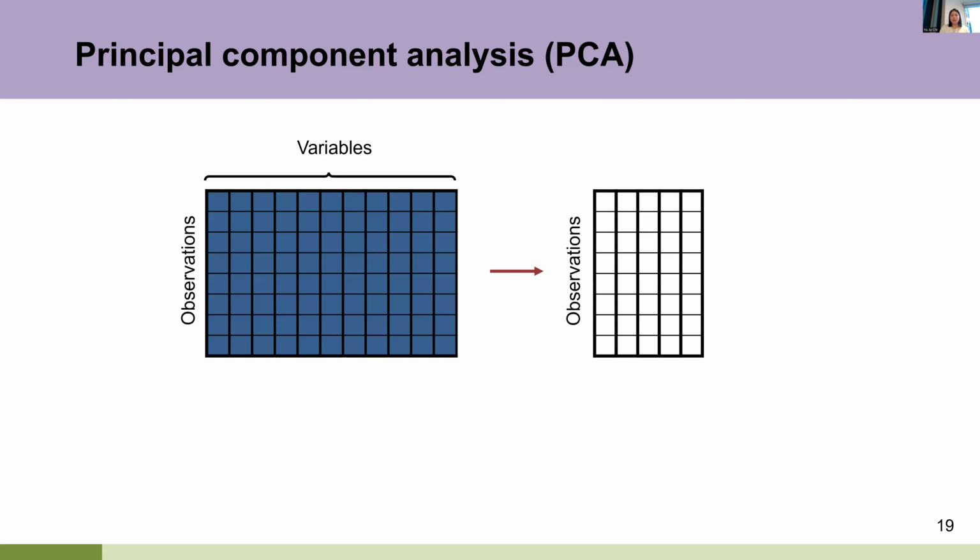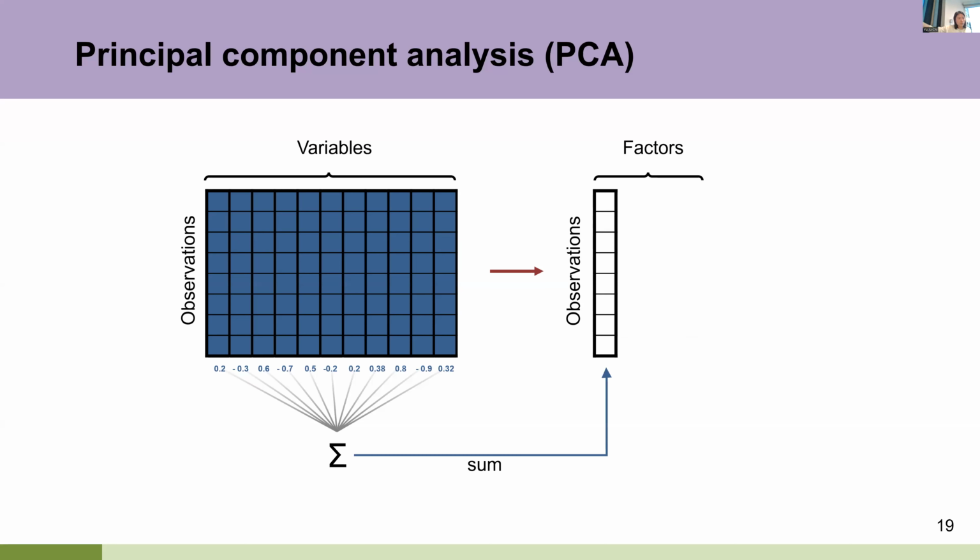What PCA does is it extracts a set of what we call factors or principal components. Some people call them dimensions or latent variables. It could come in any names, but here we're just calling them factors. So it extracts a set of factors that explains the variables the best. These factors are made of a linear combination of the original variables.